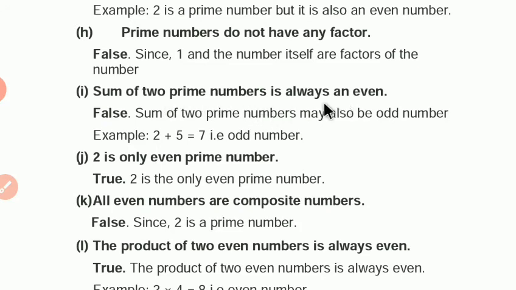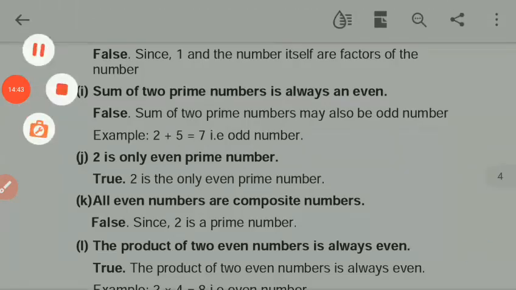The sum of 2 prime numbers is always even. Let us take 2 prime numbers. We have taken 2 plus 5, which is equal to 7. So 7 is an odd number. So false. The sum of 2 prime numbers may also be an odd number.